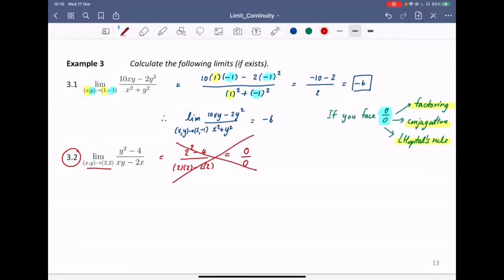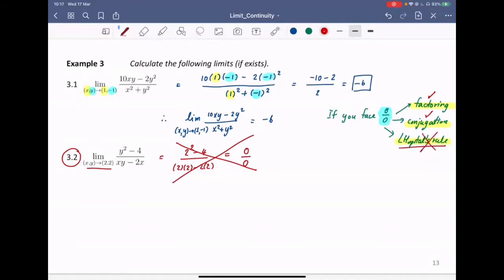So you have to do something. Factoring still works in 2 dimensions, because with factoring you just need to simplify your function. Conjugation still works in 2 dimensions because it's just simplification. But there's no L'Hopital rule for 2 dimensions.